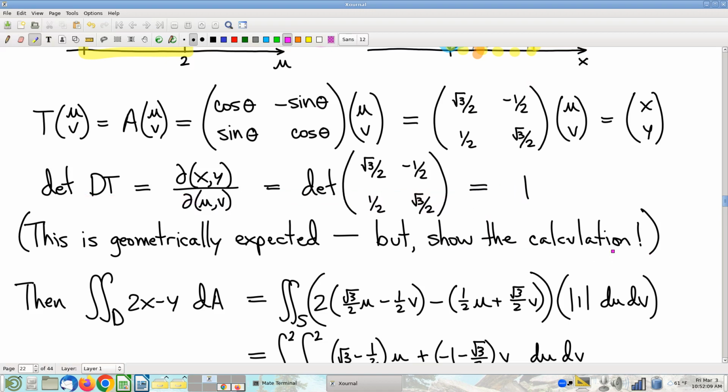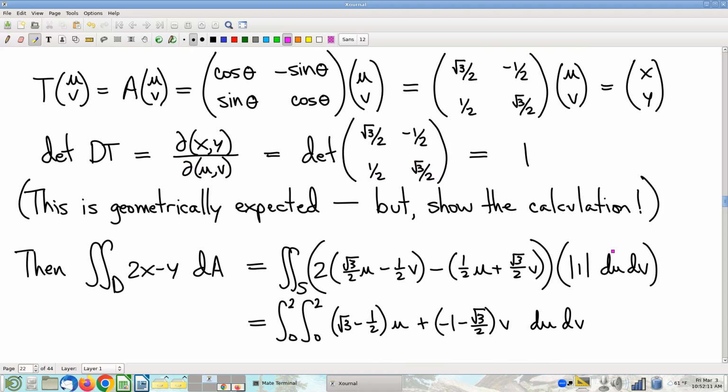Okay, and now it's, again, all over but the shouting. I just gotta, first of all, insert the absolute value of my Jacobian determinant as my stretching factor. No problem. Absolute value of 1 is 1. Then I gotta start plugging stuff in. Let's see here. What is x? Well, there it is.